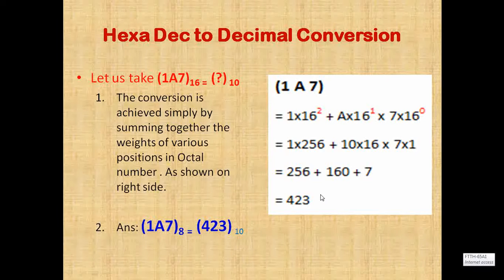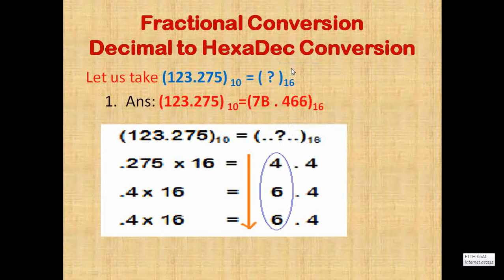So this is how we can convert numbers from decimal to hexadecimal and from hexadecimal to decimal in case of integer numbers or whole numbers. But if the number is fractional, then this is how we can convert fractional decimal number into fractional hexadecimal number. Suppose this is one example: 123.275 base 10 is to be converted into base 16.